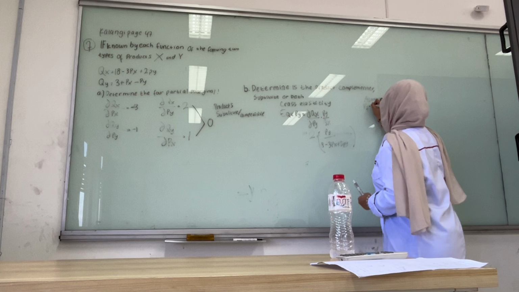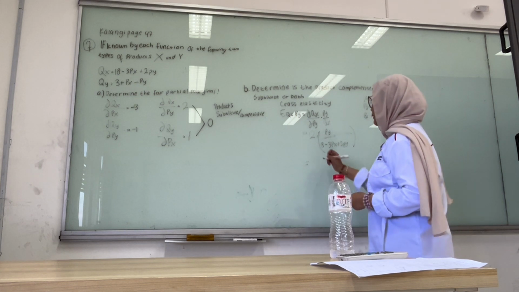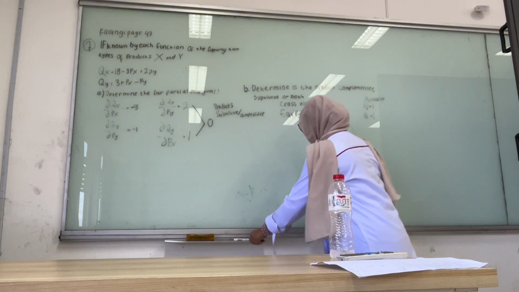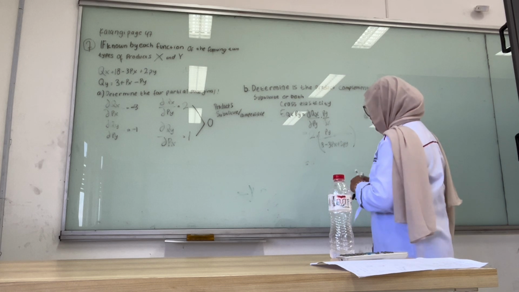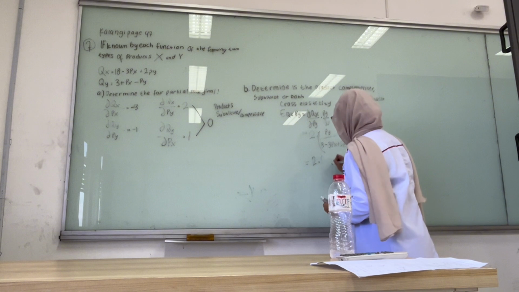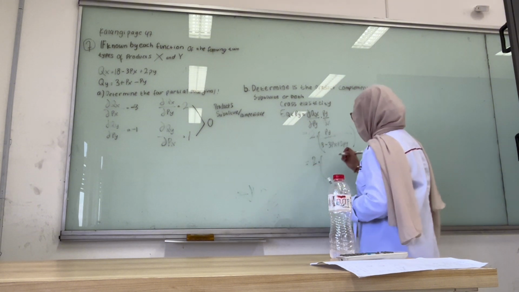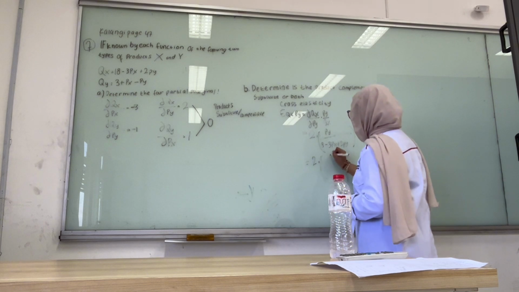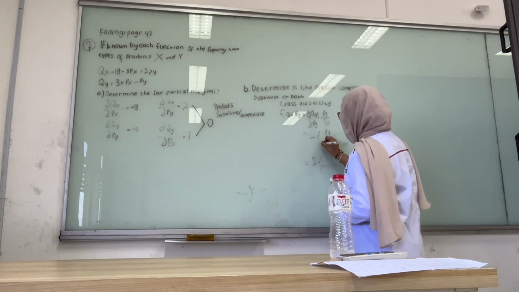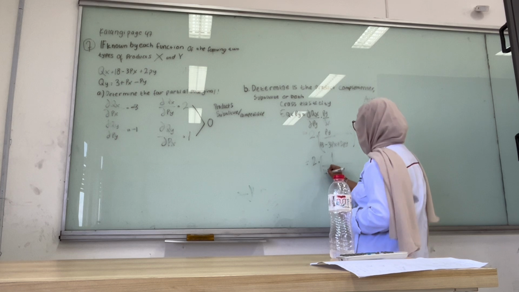Py equals 1, px equals 1. We put it in, 1, and then 18.